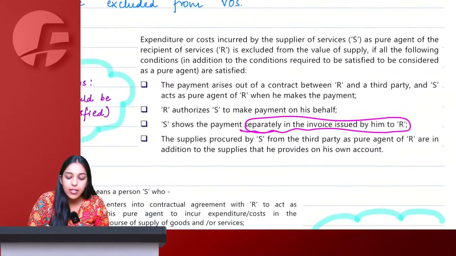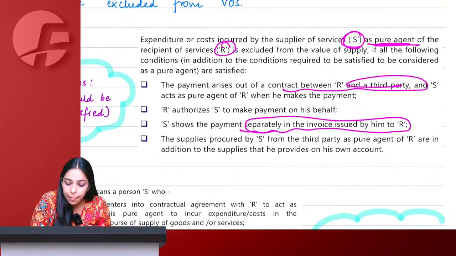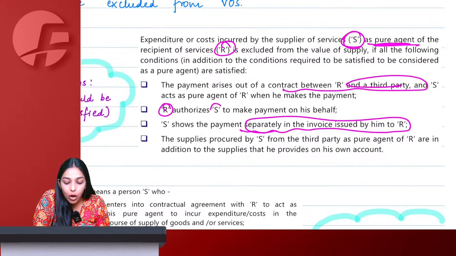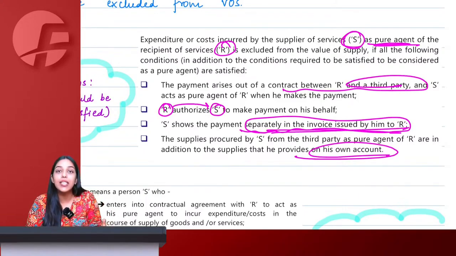So we are saying expenses incurred by the supplier as pure agent on behalf of the recipient, because the recipient has a contract with some third party and the recipient authorizes the supplier to make such payments, and they are separately mentioned in the invoice along with the original supply that he has provided.